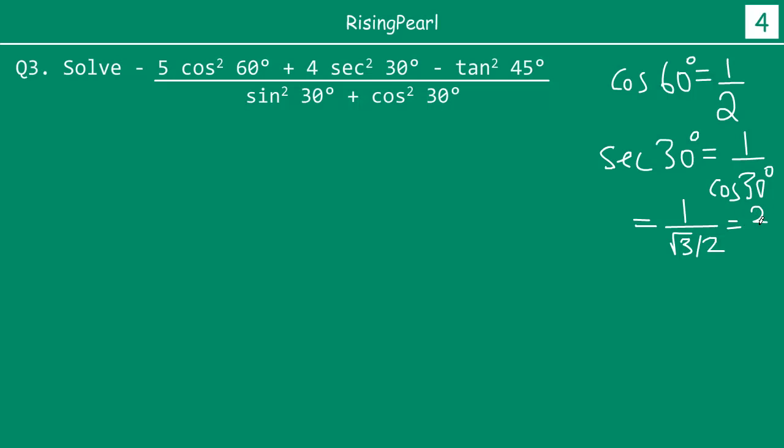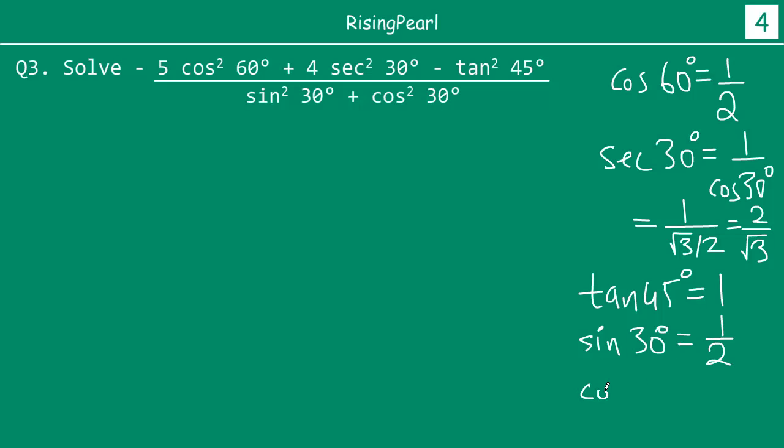So this will be 2 divided by square root 3. Right? Then we need tan 45. So tan 45 degrees will be 1. Sine 30 degrees. Sine 30 degree will be 1 by 2. And cos 30 degree will be square root 3 by 2.